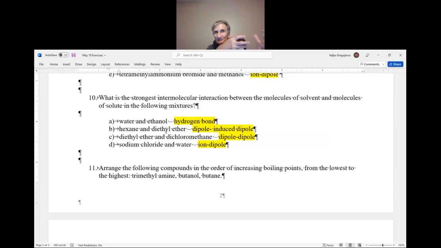It will attract or repel the electron pair towards itself, depending on which part of the dipole of diethyl ether, positive or negative, interacts with hexane. It will distort its electron cloud to induce a dipole in hexane. And then the interaction will be between the dipole of ether and the induced dipole of hexane. So those are dipole-induced dipole interactions.